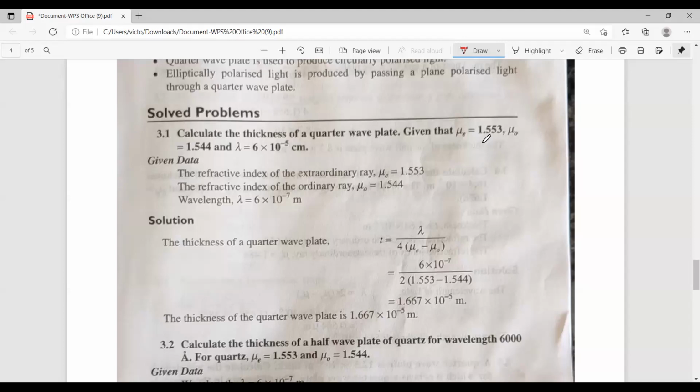Here mu E, what is mu E? Refractive index of the extraordinary ray, and mu O is called refractive index of the ordinary ray, and lambda is wavelength, that is 6 into 10 power minus 5 centimeters. So here converted into meters by multiplying with the 10 power minus 2. Now we have to find the thickness of the quarter wave plate.